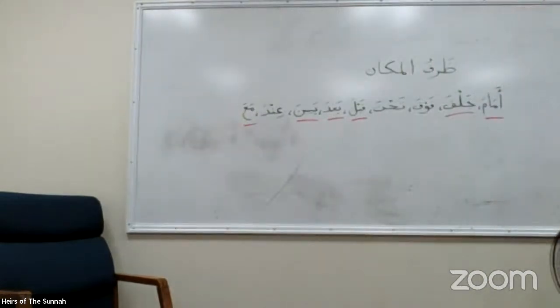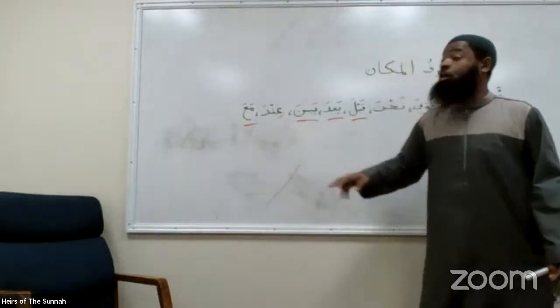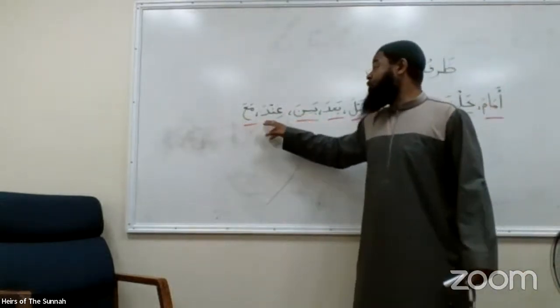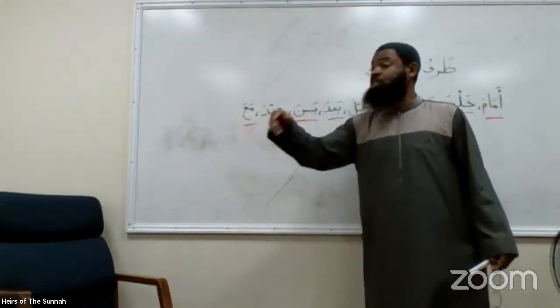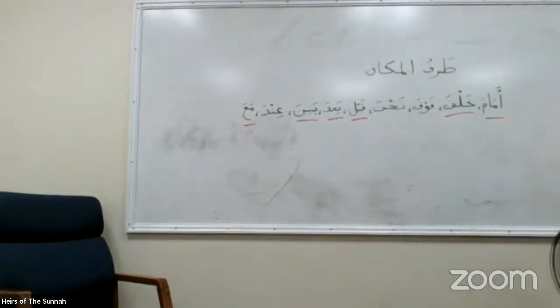And then we have ma, which means with. Right? So you would use that for what? Animate objects, human beings. And most of the time you wouldn't use ma'a to talk about inanimate objects. You could.